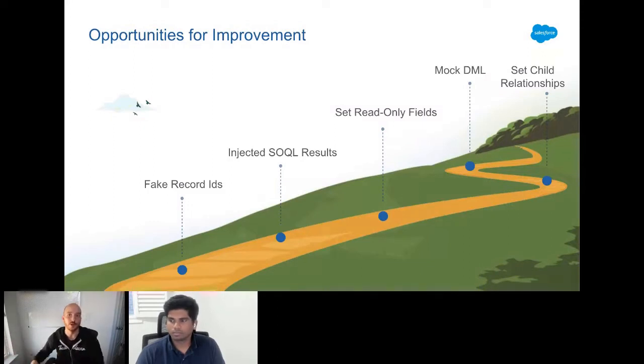Construct those in memory, and use a mock DML object that you can inject in your tests. That way you can get all of your logic done, and at the very end when you need to perform your DML operation, your test doesn't perform the DML. It just receives those injected SaveResults that you told the test to expect to be returned at test execution time.